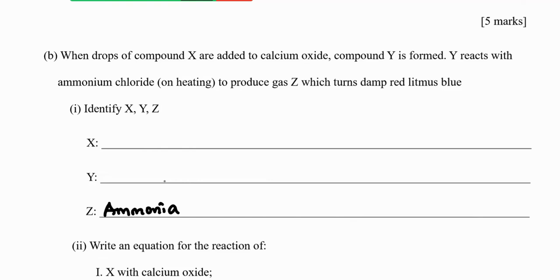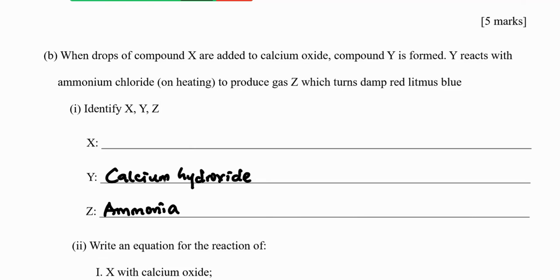So since we know that this is ammonia, it implies that something reacts with ammonium chloride to give us ammonia. And don't forget the X. So everything is just going to make sense together. In the testing for ammonia, it is calcium hydroxide that will react to give us the ammonia.